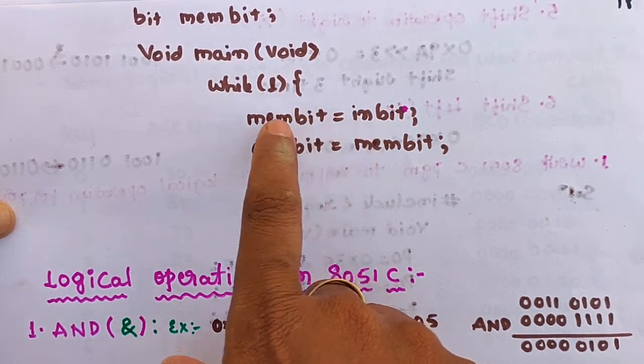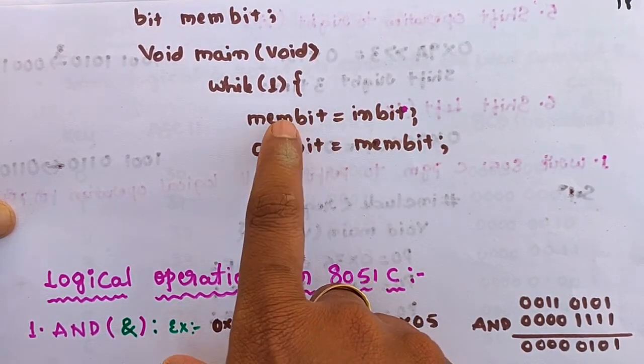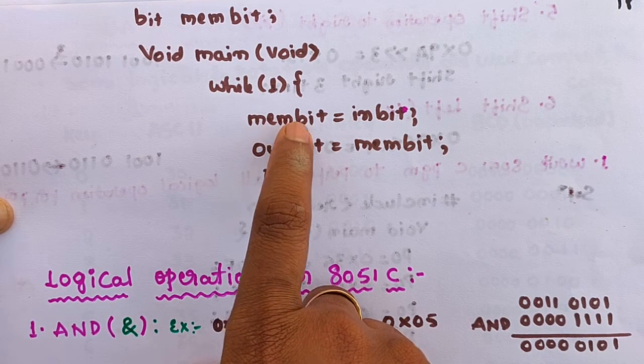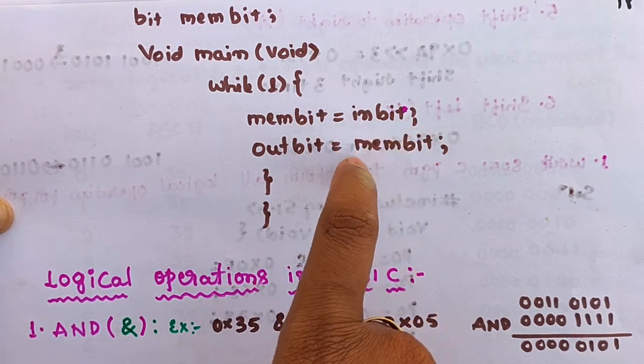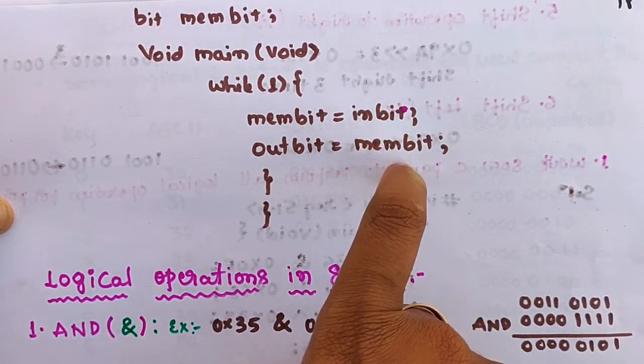In order to exchange that information, we are using a particular bit addressable register in RAM by using the mem bit instruction. Therefore we need to remember that in order to use the bit addressable register, we need to use this instruction.